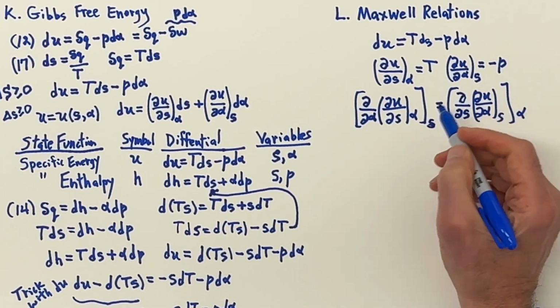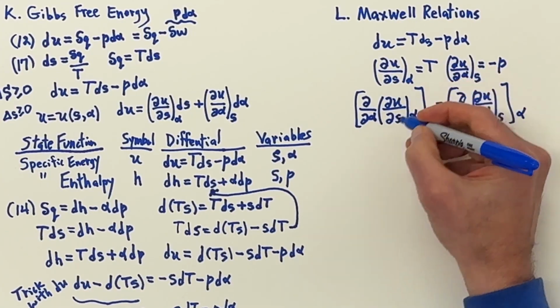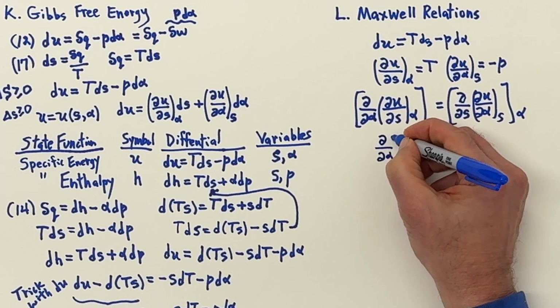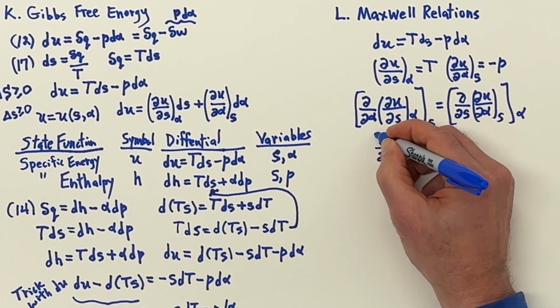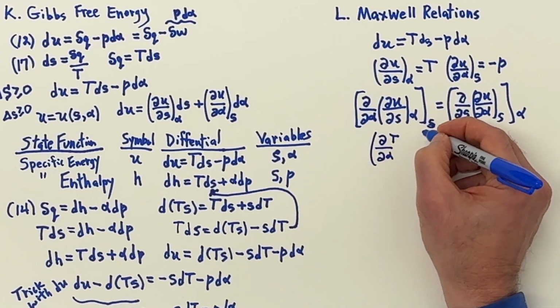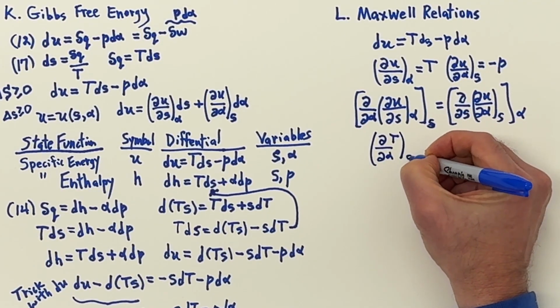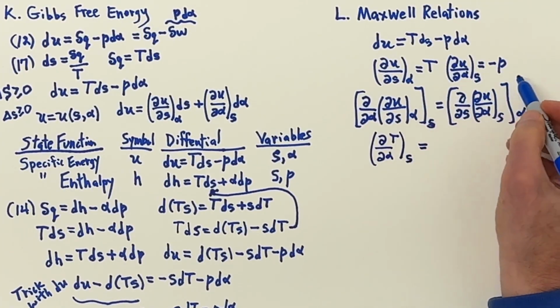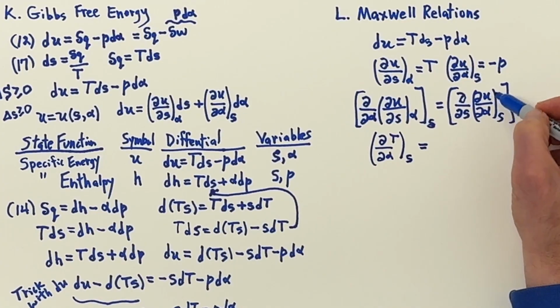So that means this first one, remember that this was T in here. So this is d alpha of T. So dT d alpha, and that's going to be at constant s, holding s constant. And here we can plug in for this minus p.